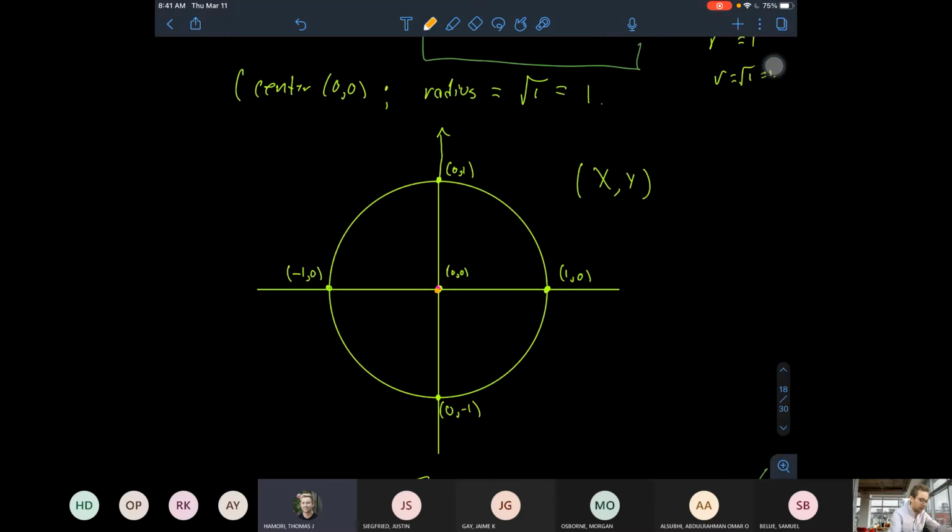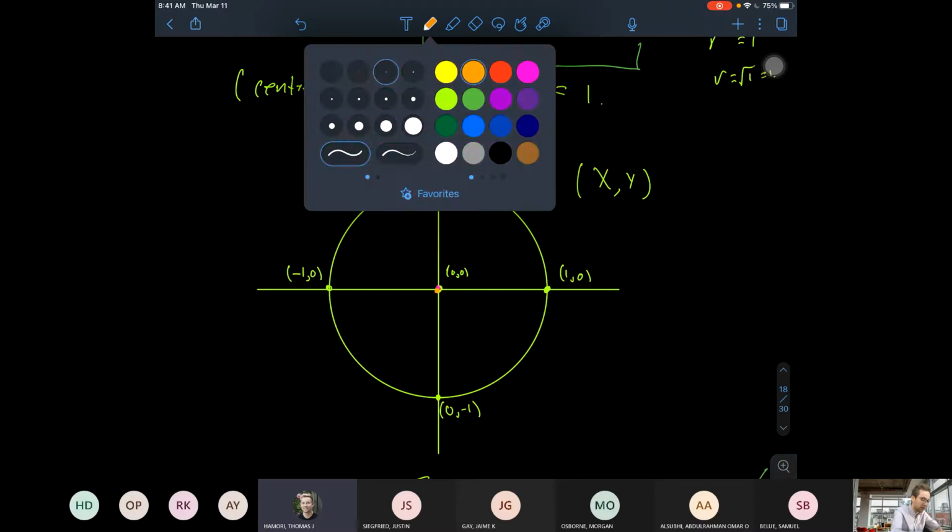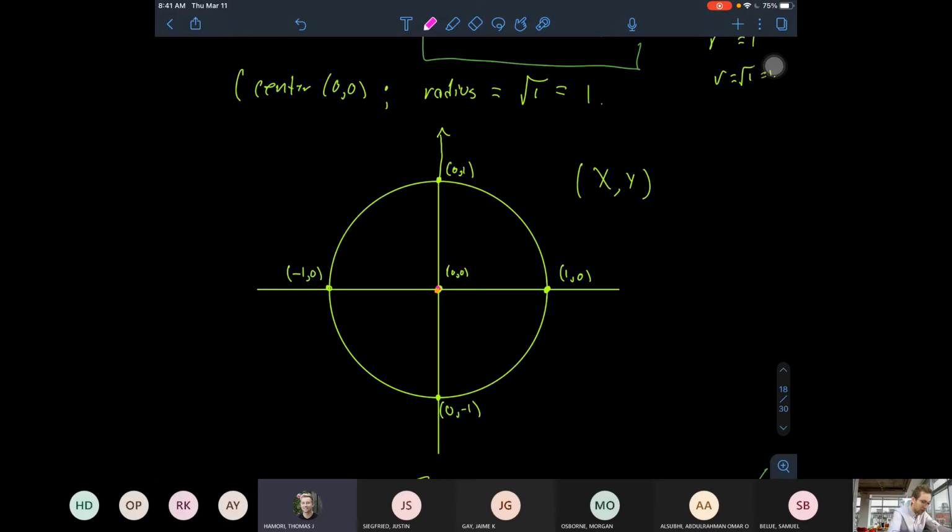Our goal with trigonometry is to somehow, what is the word? Reconcile the following two ways of understanding where a point is on the unit circle.